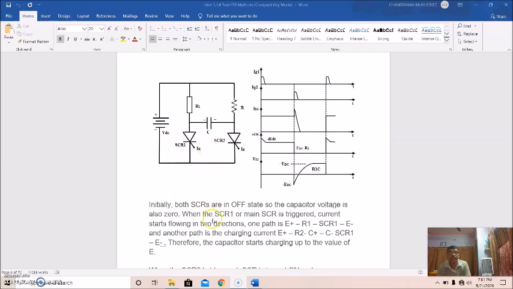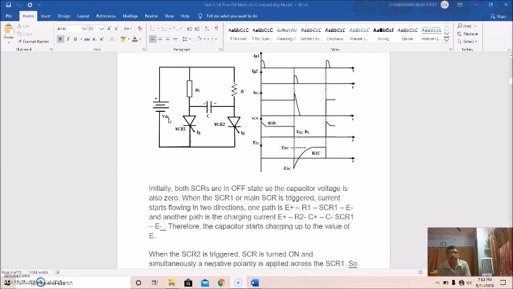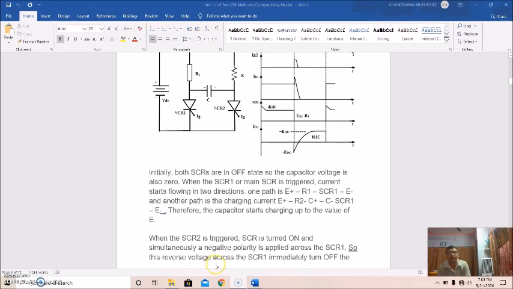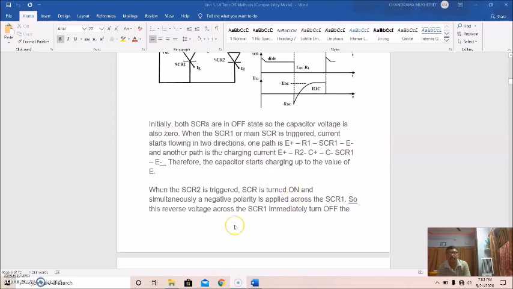And another part is the charging current, through this resistance, then positive C, then negative C, then again SCR1, then this part. So this is another part. And in the second case, the capacitor is charged fully with the supply voltage E, in this mode 2.